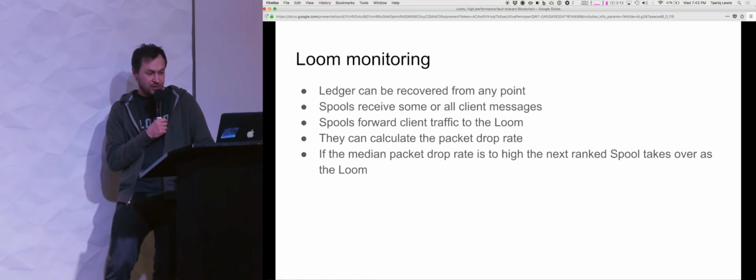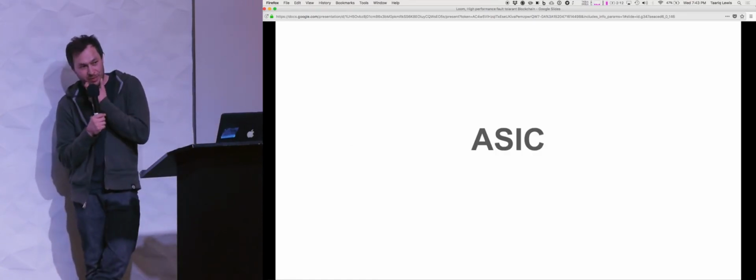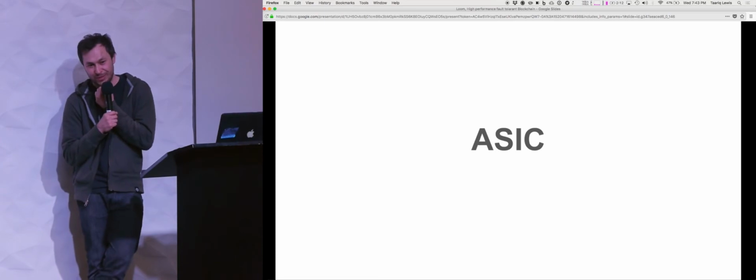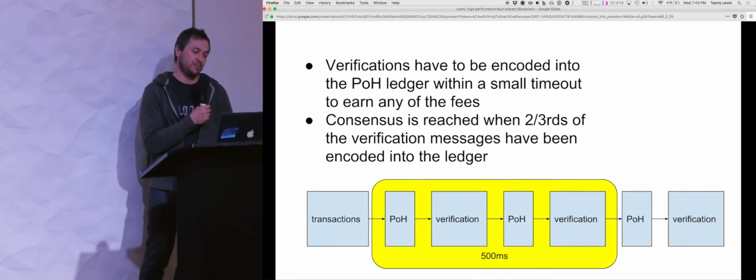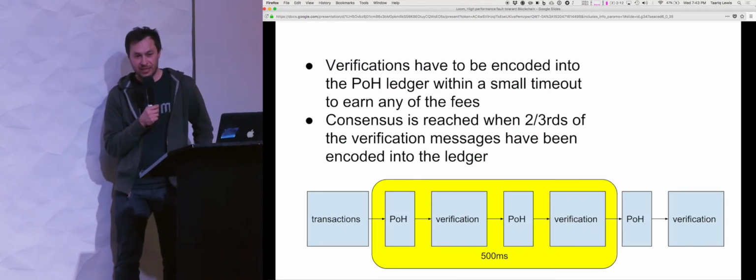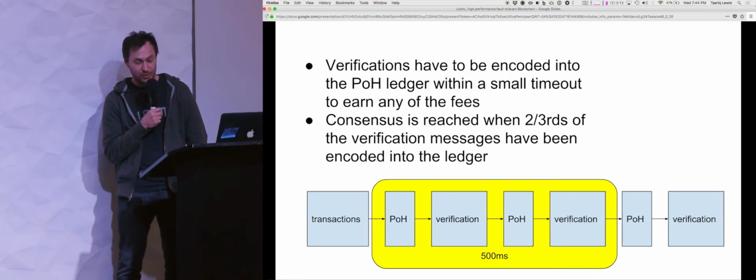So let's see. An interesting thing about this is that often comes up as a question: what if somebody had a really fast computer and they could outrun the system? So let's go back to the slide. What would happen is the generator could potentially take this 500 milliseconds and actually wait 250 milliseconds and then generate 500 milliseconds worth of proof of history proofs and reorder messages.